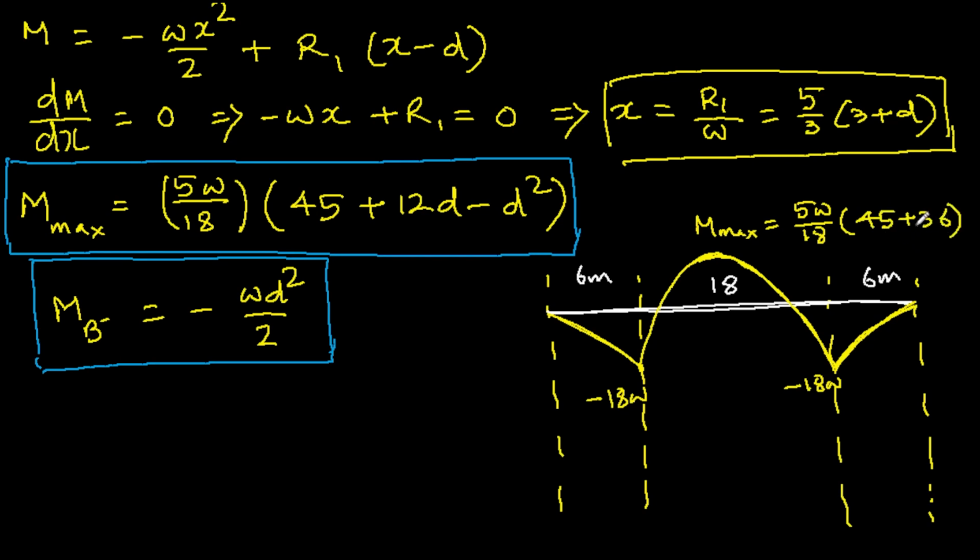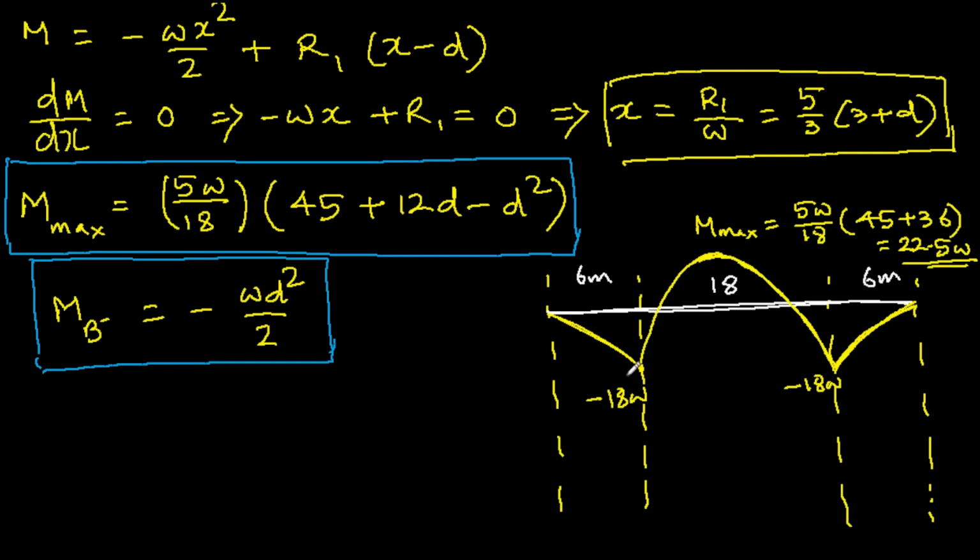Okay, so this comes out to be, let me check the value I had already calculated for you. That is 22.5. Fine. So see here, this is 18W and this is 22.5W. So when it is symmetrically placed, this point is at 22.5W and this point is at 18W.